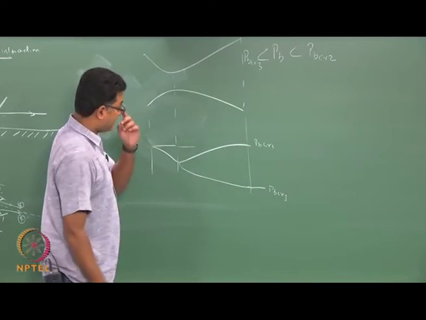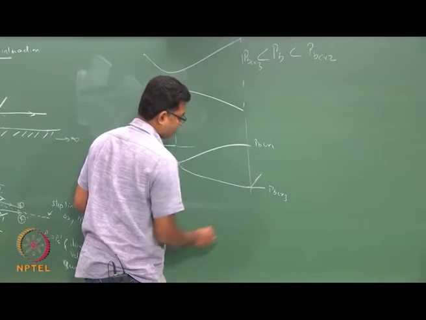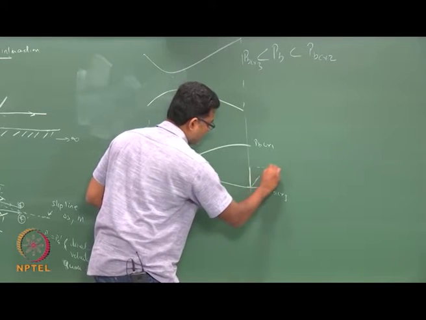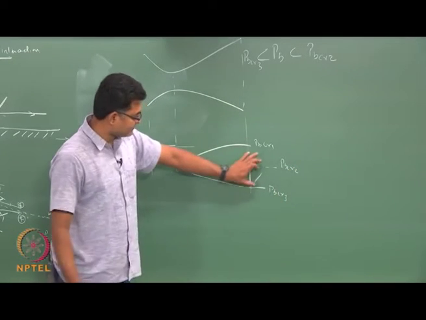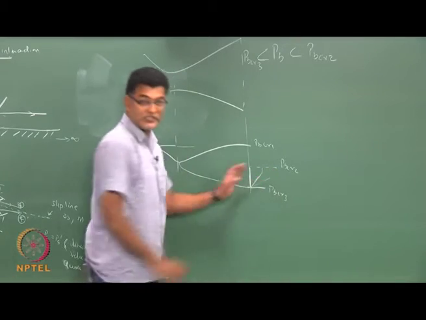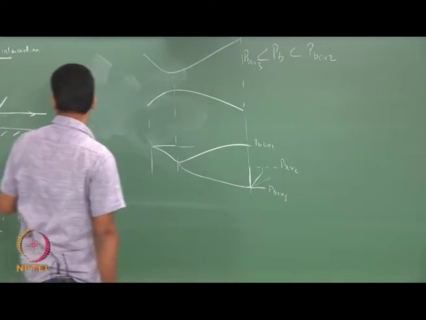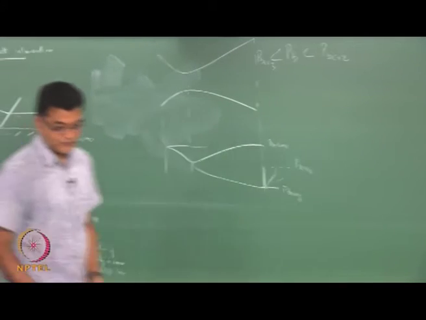Now, if my shock is outside the nozzle, so if I have a shock here, I have a PB critical 2. So, if my back pressure is between these two values, I would have a shock that is happening outside the nozzle. In that scenario also you would see these kinds of flow, the schematic of which is what I have here.